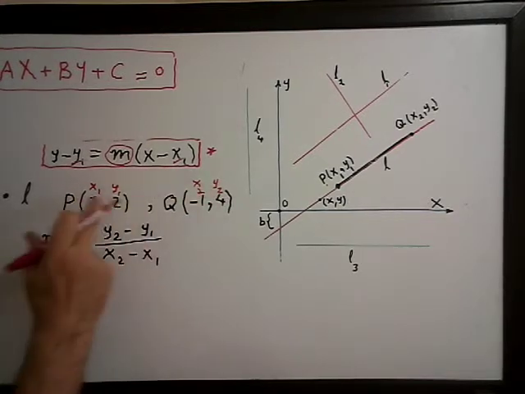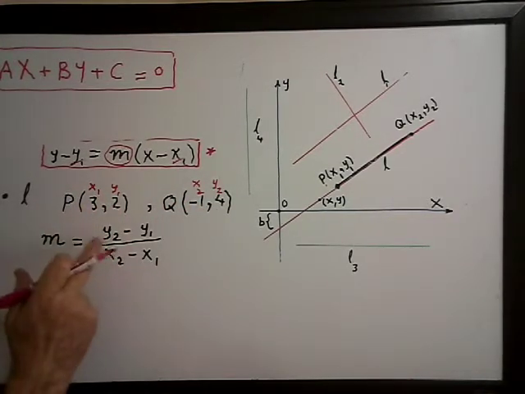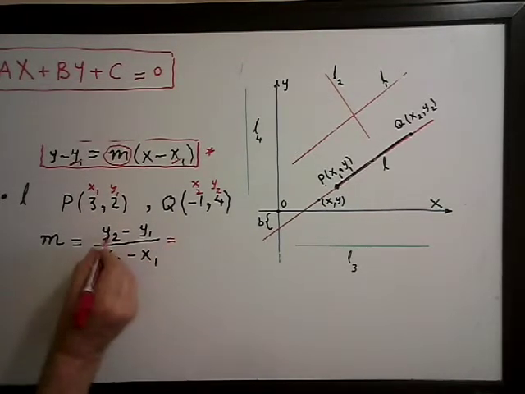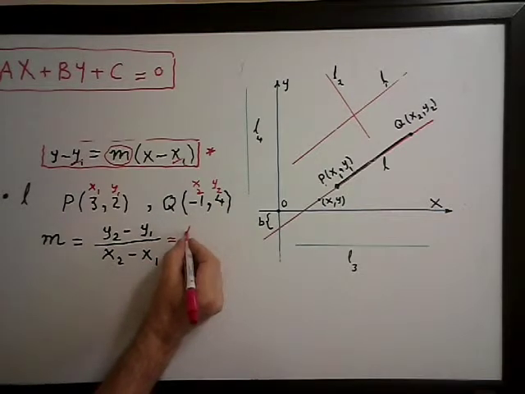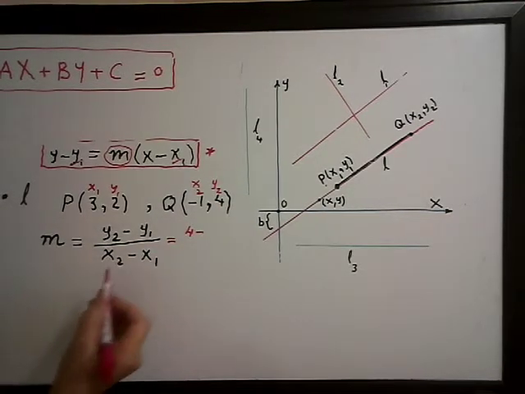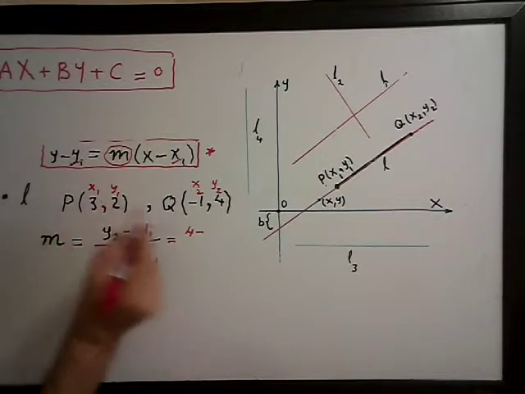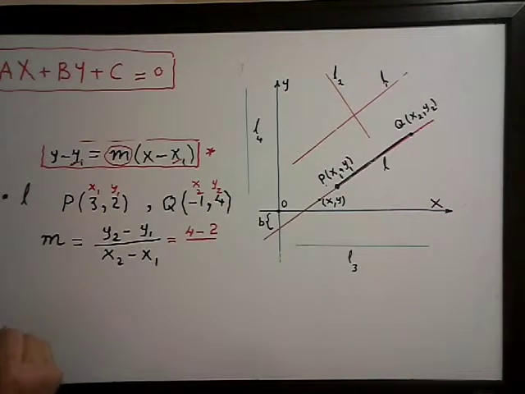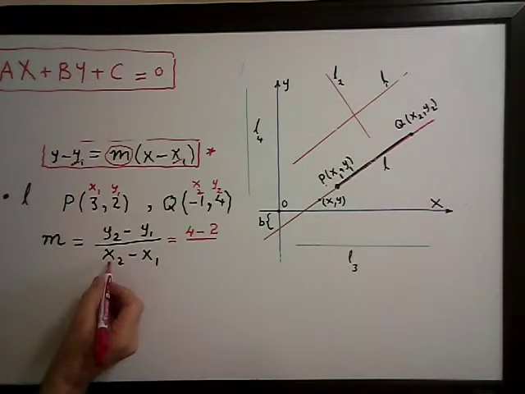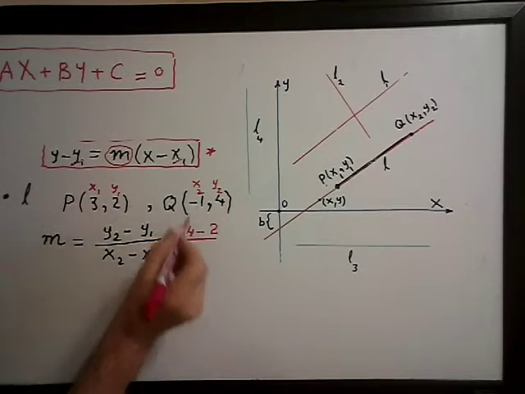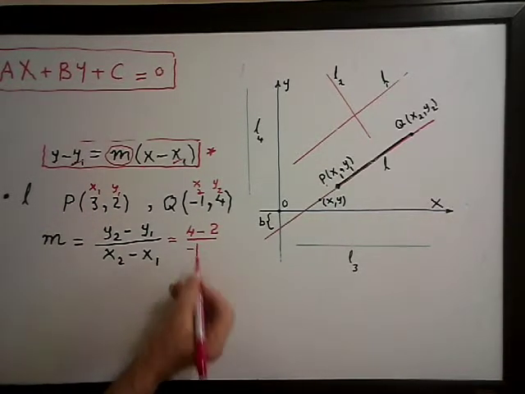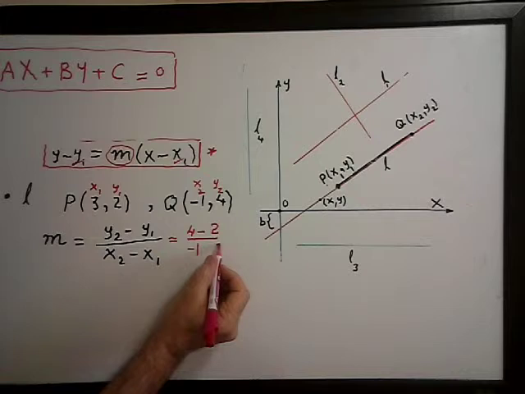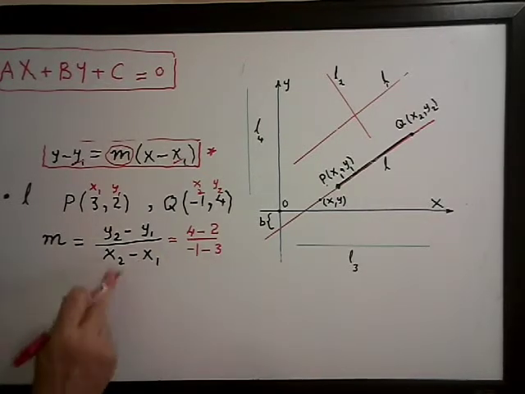And make substitution of the values in this rule. We can put instead of y2 number 4, instead of y1 number 2, instead of x2 we put -1, and x1 we put 3, and here is negative, the same sign.